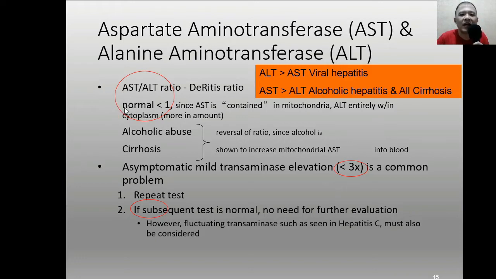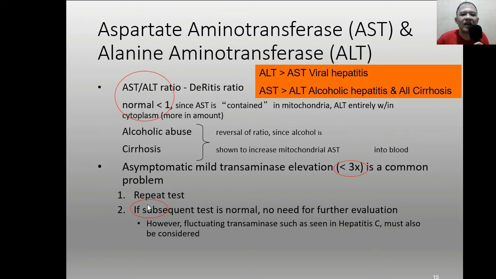So when AST is more, the ratio AST over ALT is greater than 1. If the AST-ALT elevation is just mild, less than 3 times the upper limit, that is very common among mild fatty liver disease. You just have to repeat the test.